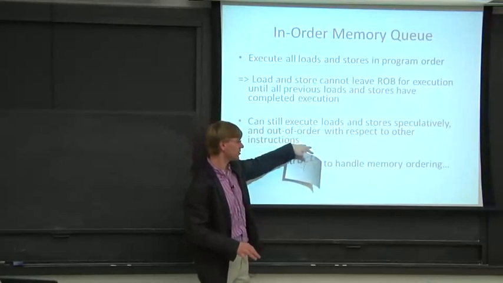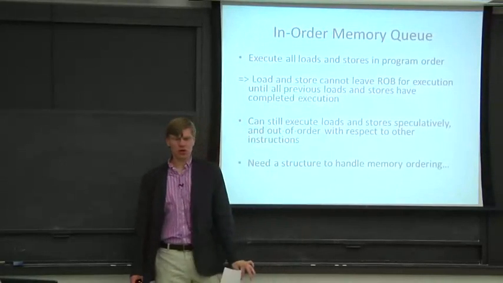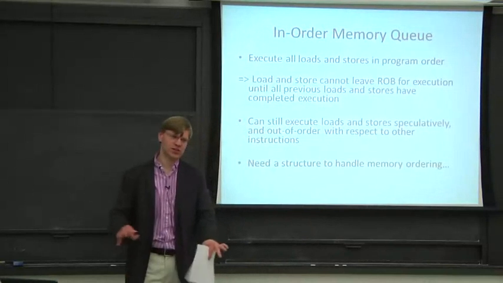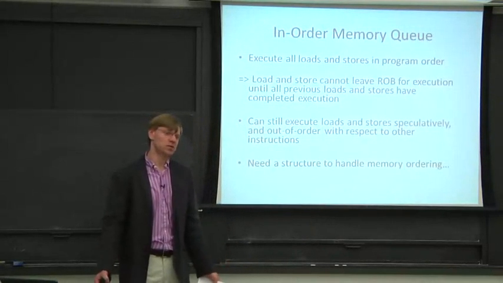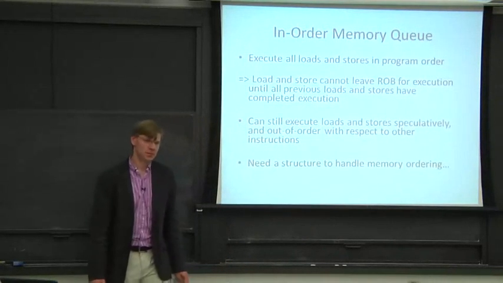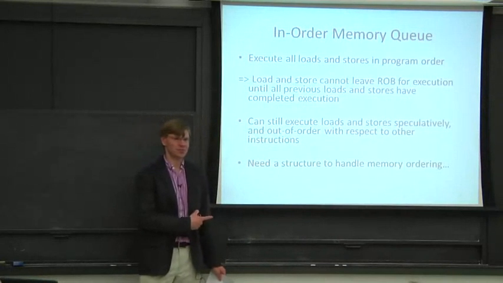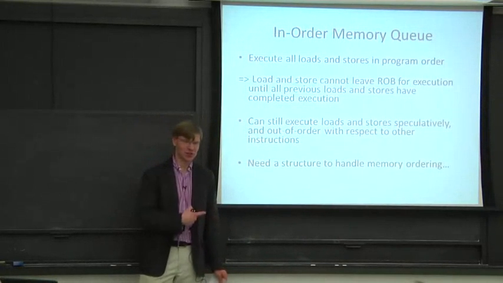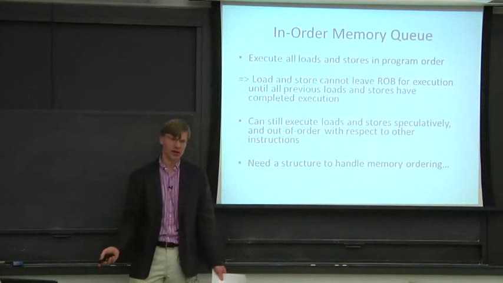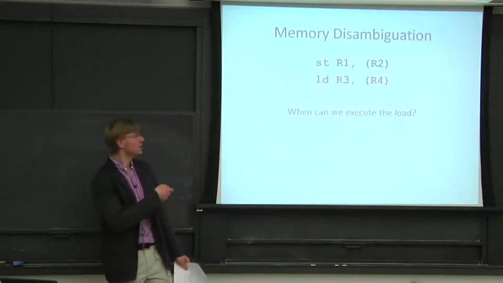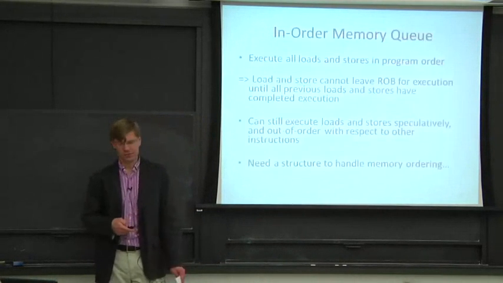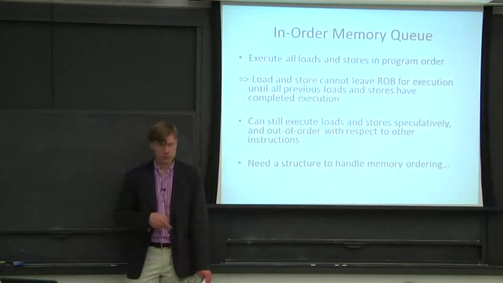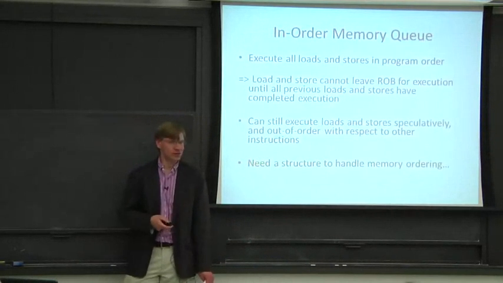So it's out of order relative to other instructions, but we have in order memory instructions. And that's going to guarantee that we're not going to have any problems. But we're leaving performance on the table here. We could go faster. We could actually execute loads and stores out of order if R2 and R4 are different. But we're probably going to need some extra structure to do that.